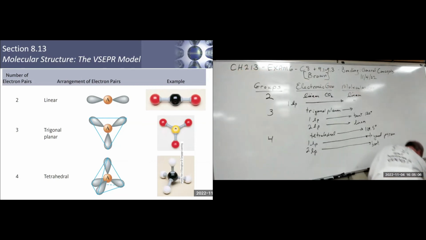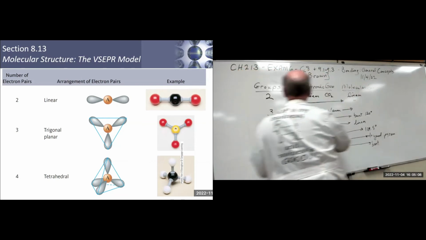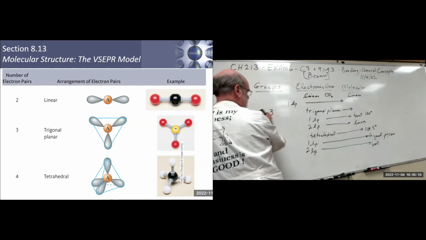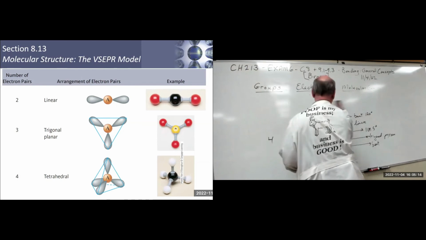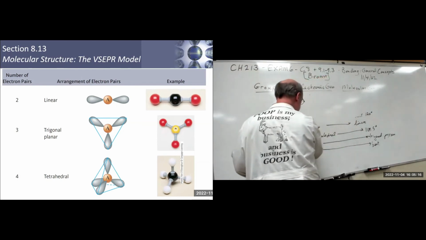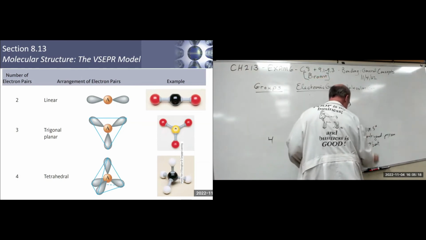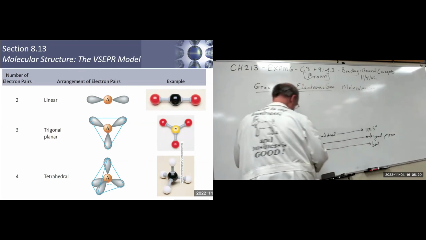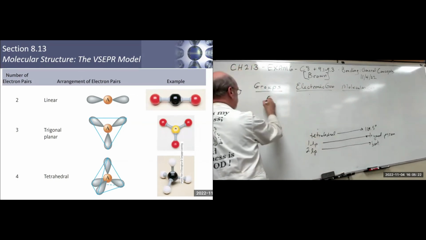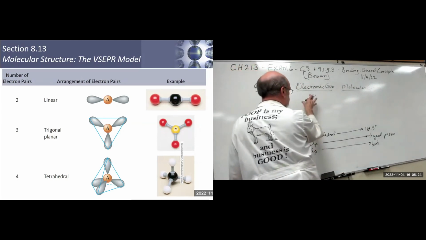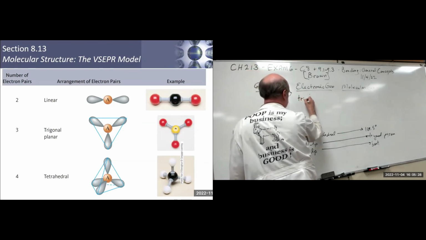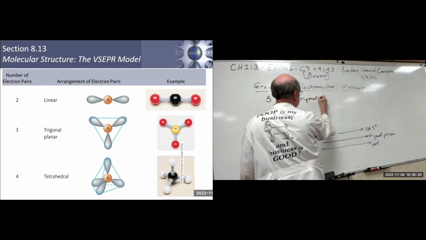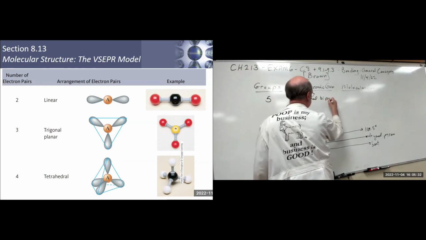Let's make room for five. If you have five groups around the central atom, the electronic structure then is trigonal bipyramid.